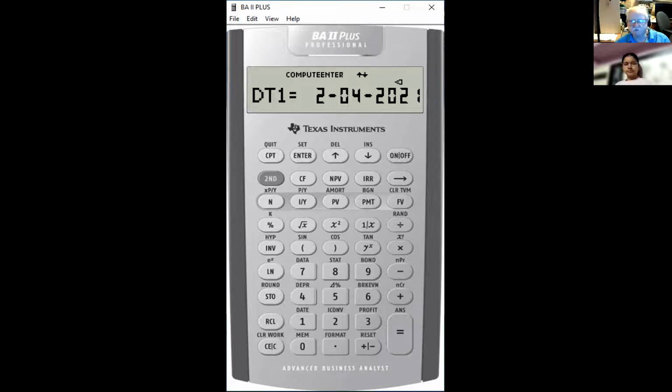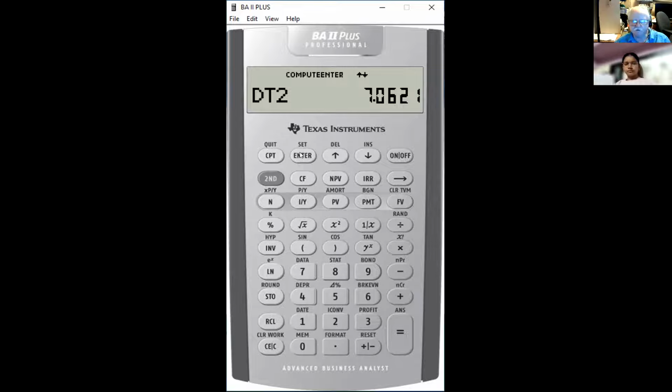So that's DT1. Hit the down arrow, and it lets you put in DT2. The format is the same. The 7th month, so 7, then a period. Then it's the 6th day, so 06. And then the year is 2021, but I can only put in the 21.